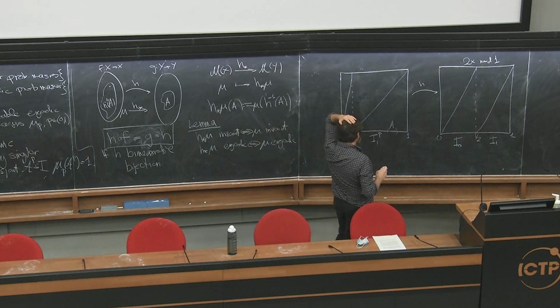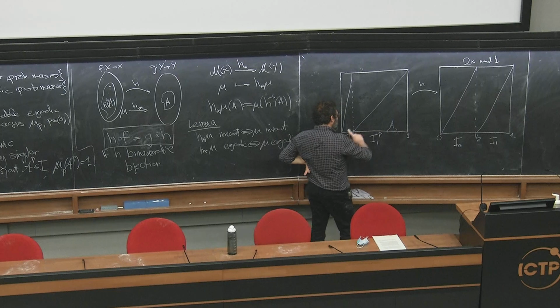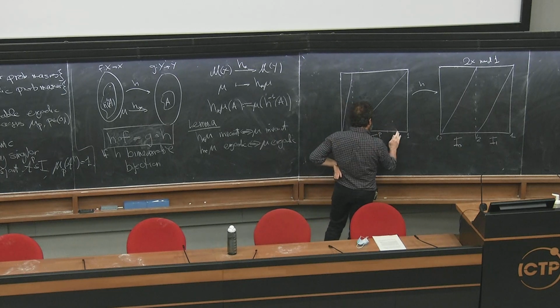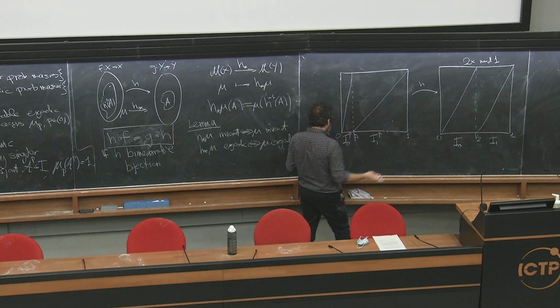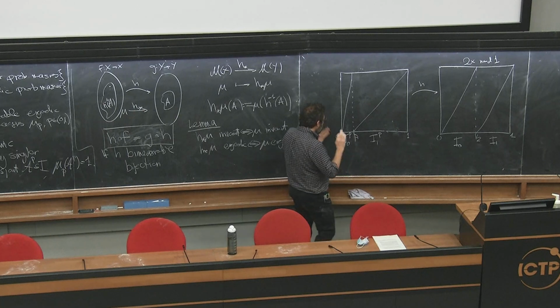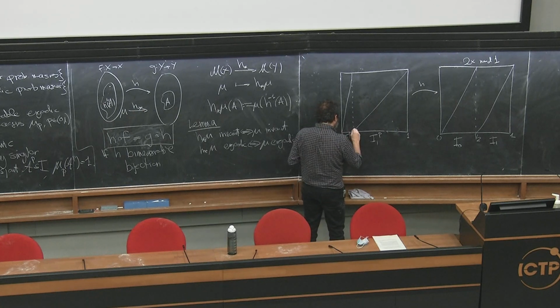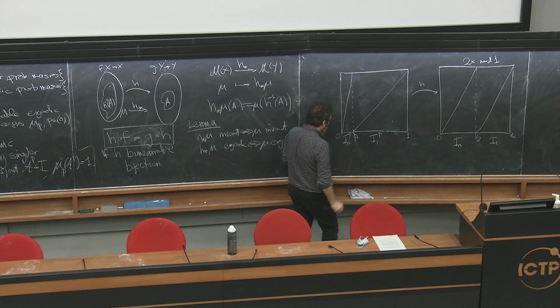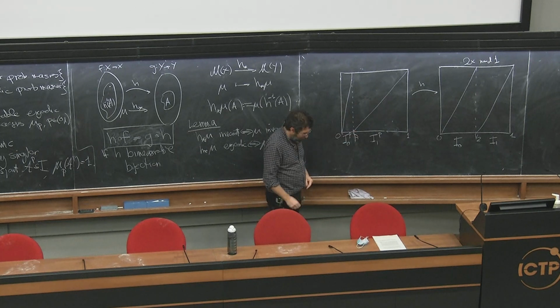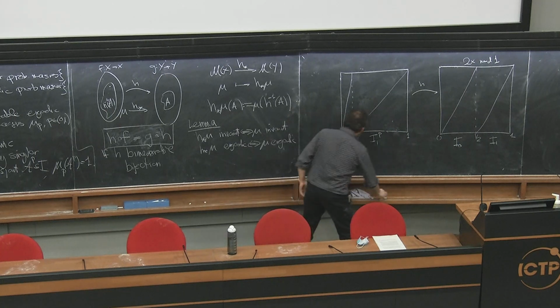But in particular, what we know now is that almost every point spends time here, which means that Lebesgue almost every point will spend proportion p of time here, right?